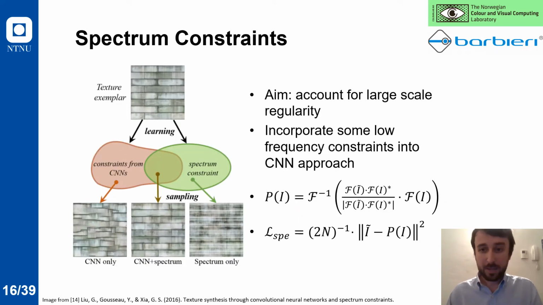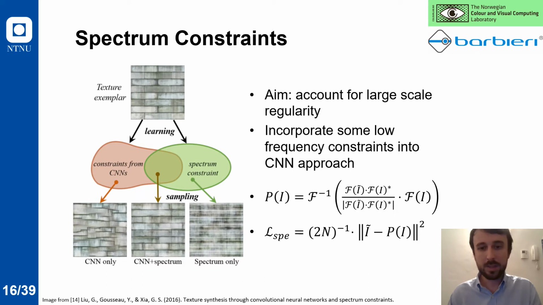Another problem of Gatys' approach is that it does not account for large-scale regularity. Liu and colleagues tried to solve this by incorporating some low-frequency constraint into a CNN.